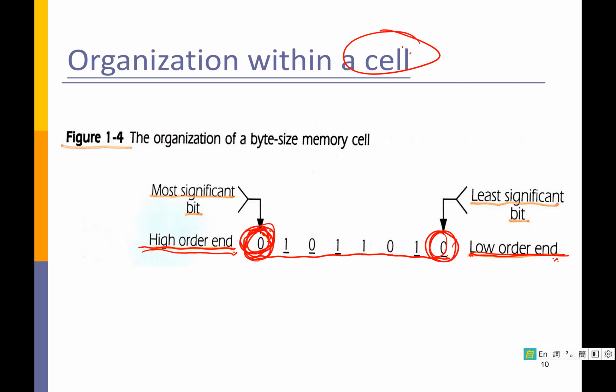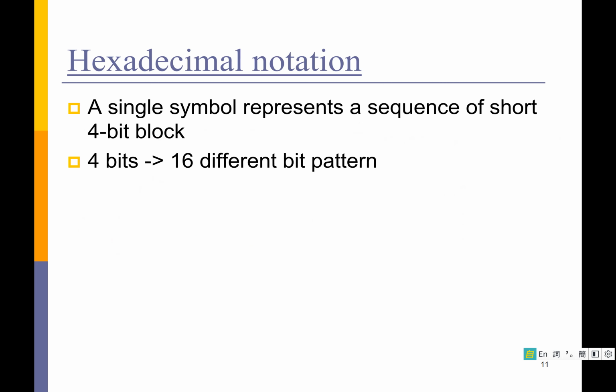The most left bit, on the left end of this bit sequence, we call it the most significant bit. And the first bit from the right, we call it the least significant bit.